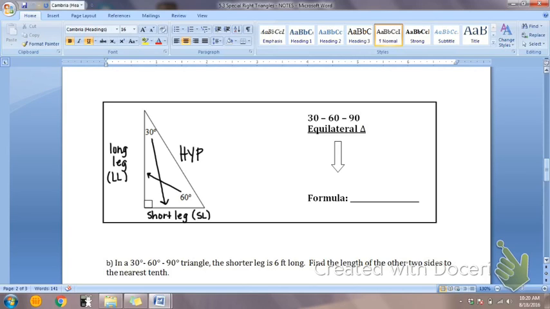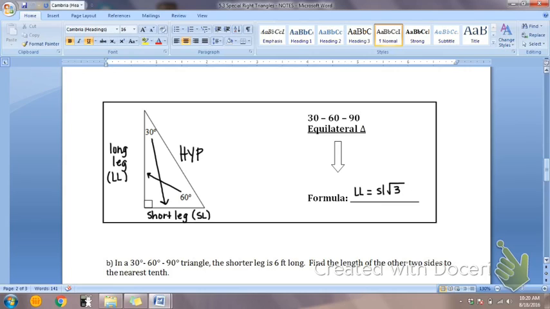Now, because we have two different sizes of legs, we have two different formulas depending on what's been given to us. The first formula says your long leg equals your short leg times the square root of 3. Let's look at that example above. The long leg was x, right?